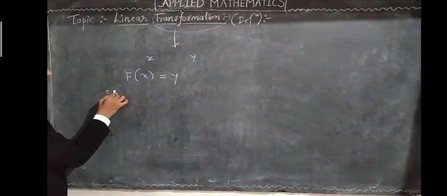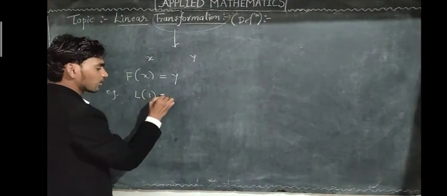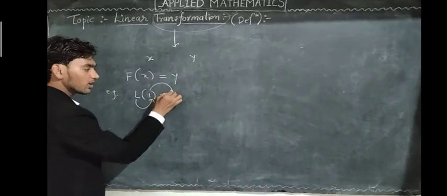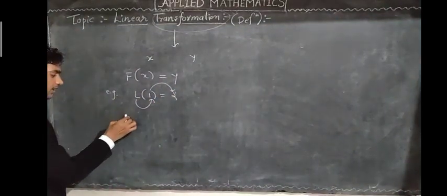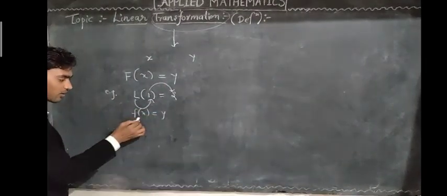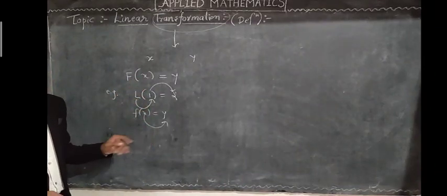For example, L of 1 equal to S, that is L converts 1 into S. Second, f of x equal to y, so f converts x into y. So these are the transformations.